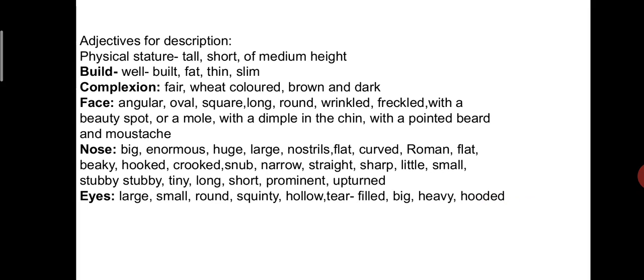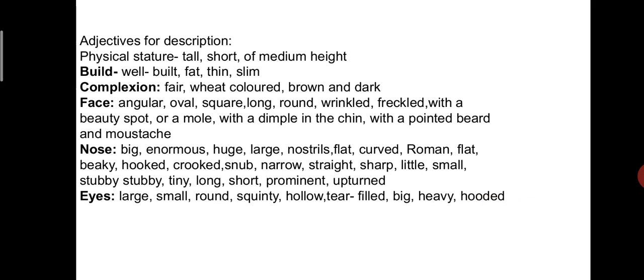See, adjectives for the description. You must know what adjectives are used as per the personality traits of that person. Physical stature, is it short, tall, or medium height, or black or white? Build, what kind of physique he or she has, well built, fat, thin, or slim.